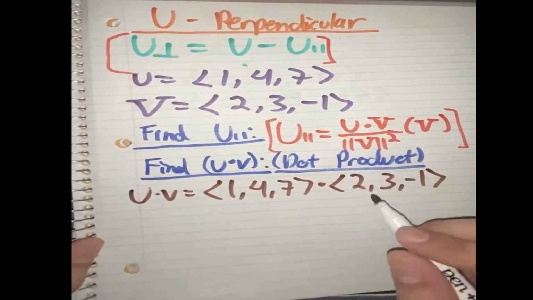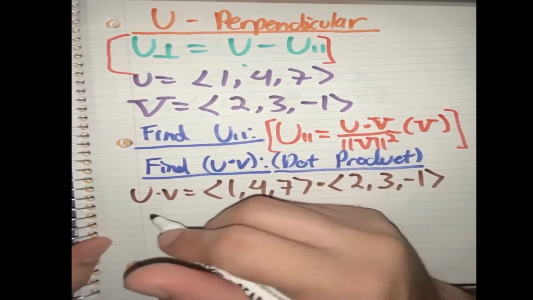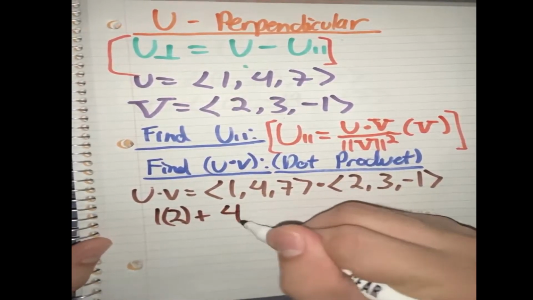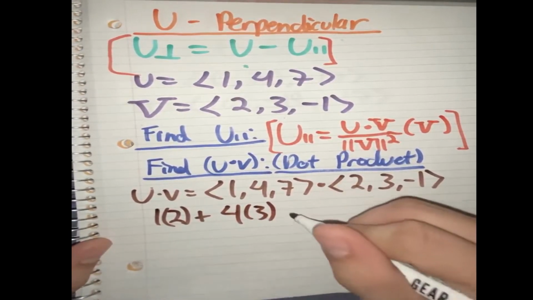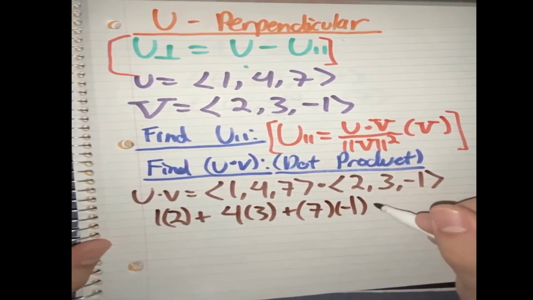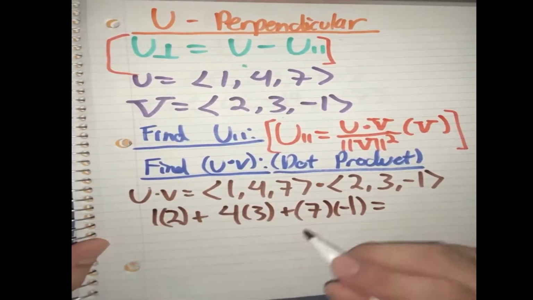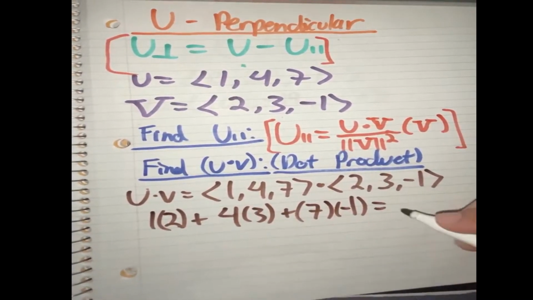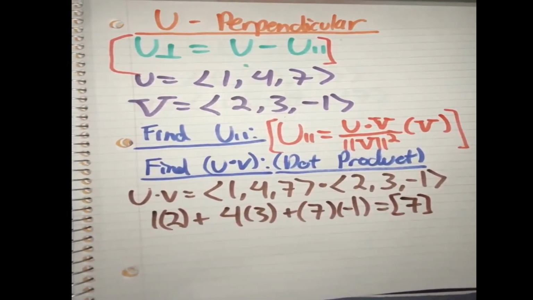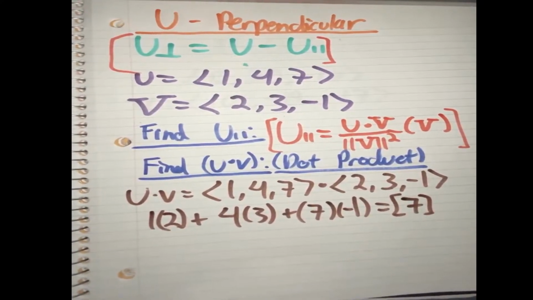When we take the dot product, we multiply element by element and then add the terms together: 1 times 2, plus 4 times 3, plus 7 times negative 1. We get 2 plus 12 is 14, 14 minus 7 is 7. Our dot product came out to be positive 7.